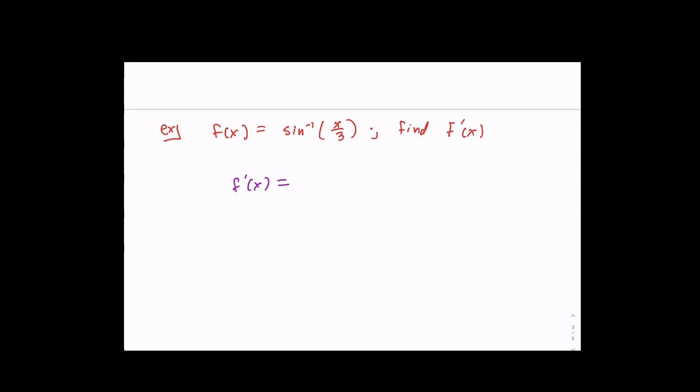Would it be 1 over the square root of 1 minus parentheses x over 3 squared? X over 3 quantity squared. And then times, I know this is right, but is it 1/3? It is 1/3. The derivative of x over 3 is the same thing as 1/3 x.